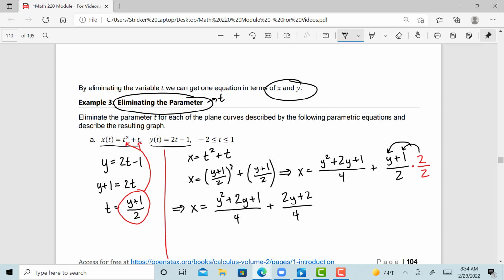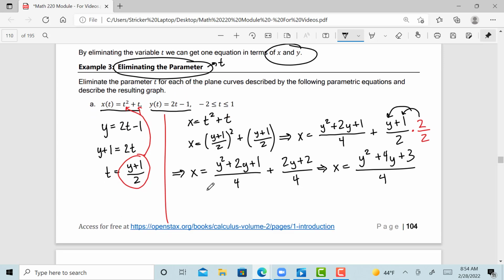And now we can combine the two fractions. When we do that, we get x equals, well, what do we have? We have y squared. We have 2y and 2y makes 4y. And 1 plus 2 equals 3 over 4. This is looking a lot more quadratic, isn't it?